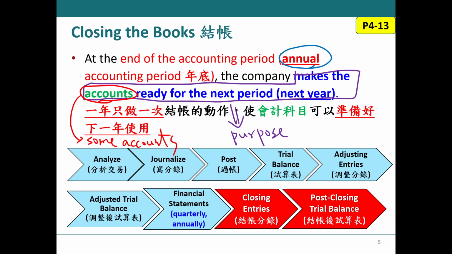So right here, closing the book, not for every account, only for some accounts. We need to closing the book and make some account ready for next year, okay? So that's our purpose. Then maybe you are going to ask, okay, some account, what kind of account we need to close in the book? What else we don't need to close in the book?